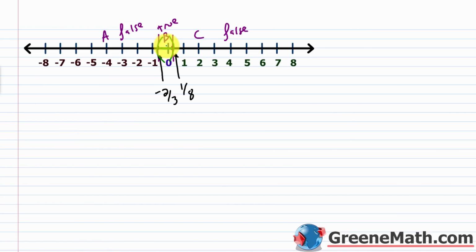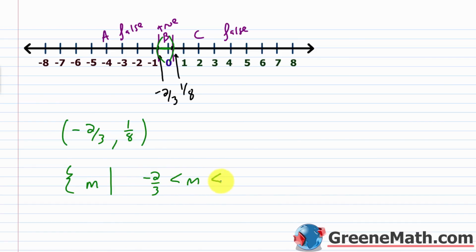So anything that's larger than -2/3 up to but not including 1/8. So in interval notation, I'll put a parenthesis next to -2/3, then comma 1/8, and a parenthesis. And then in set builder notation, I'll say the set of all m such that m is going to be greater than -2/3 and less than 1/8.